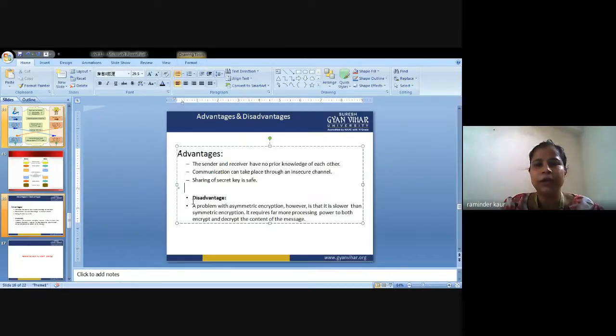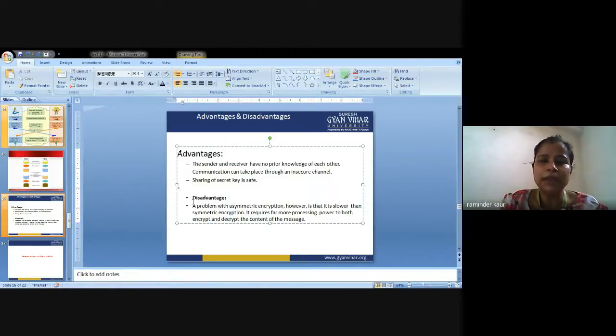Next are the disadvantages. A problem with asymmetric encryption is that it is slower than symmetric encryption. It requires far more processing power to both encrypt and decrypt the content of the message.